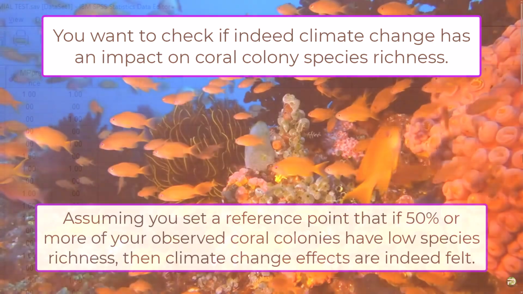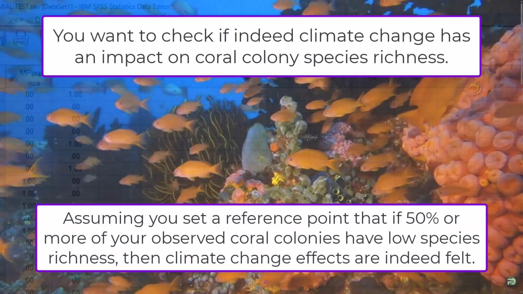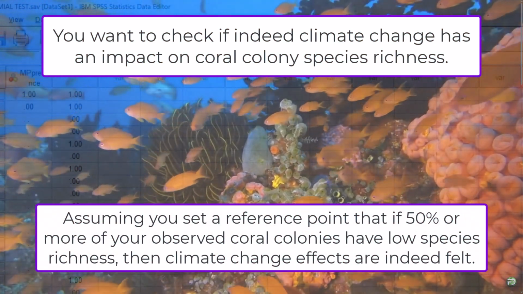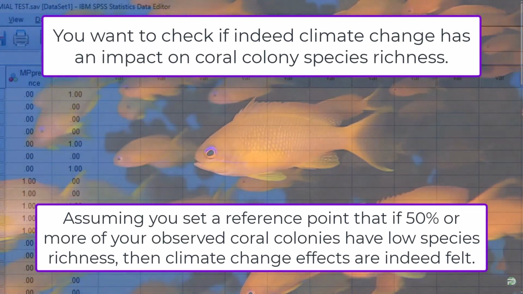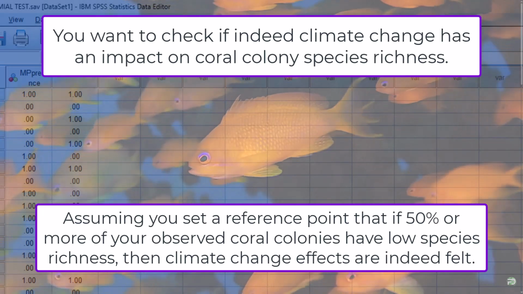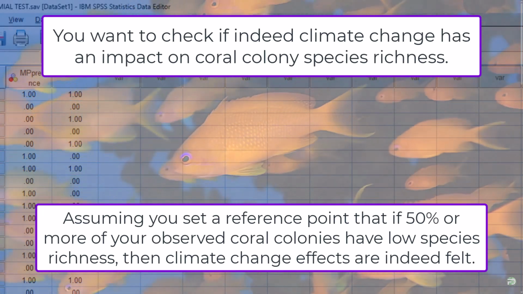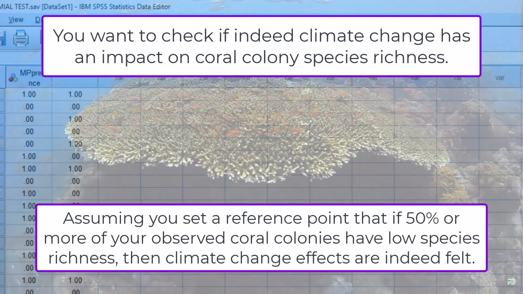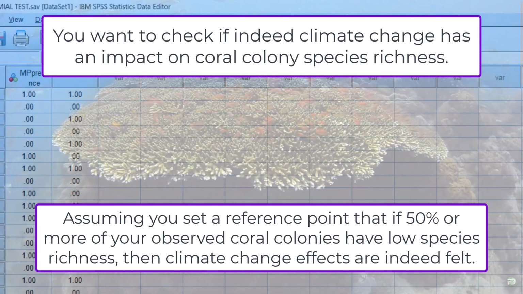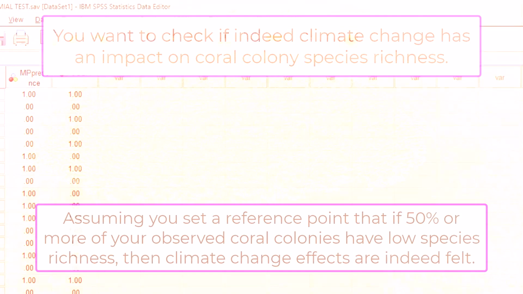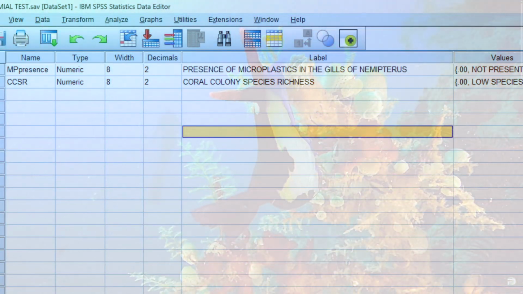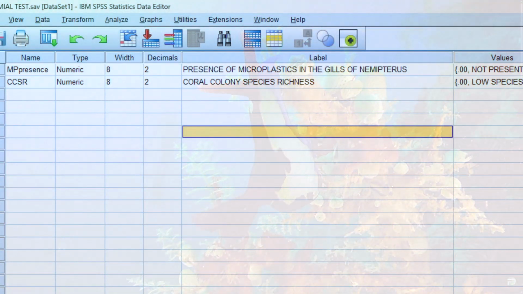Pag mababa yung 50% ng mga coral colonies natin ay mababa na yung species richness, then we can say na mababa na yung diversity in that area. So now here we have the data after surveying the area. So it's now your job to perform binomial analysis to establish na kahit paano yung coral colonies has still high species richness.